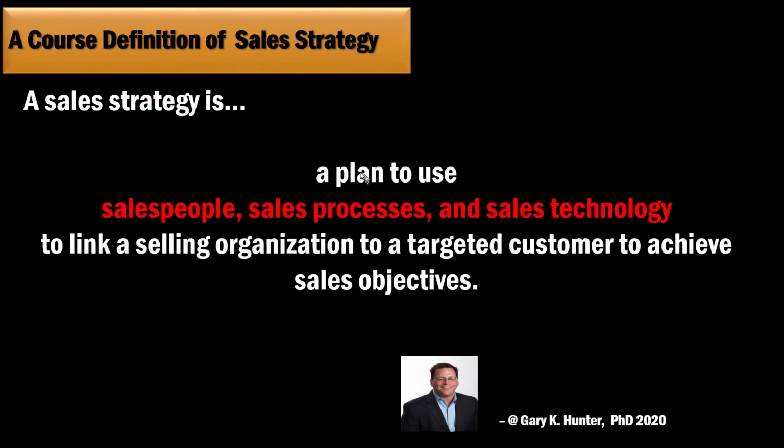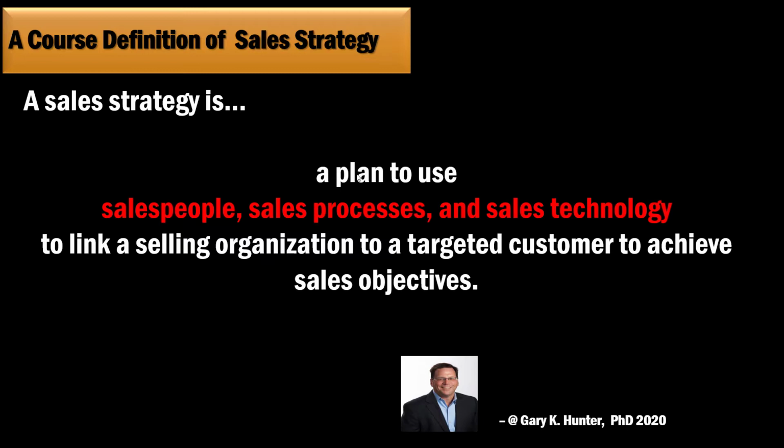A sales strategy is also going to be a plan, so you can see this idea. It's a plan to use, and what are we using in sales? We're using salespeople, sales processes, and sales technology to link a sales organization to a targeted customer to achieve sales objectives. So you can see from that OGSM idea, we've got these different objectives, and we've identified some target customer.